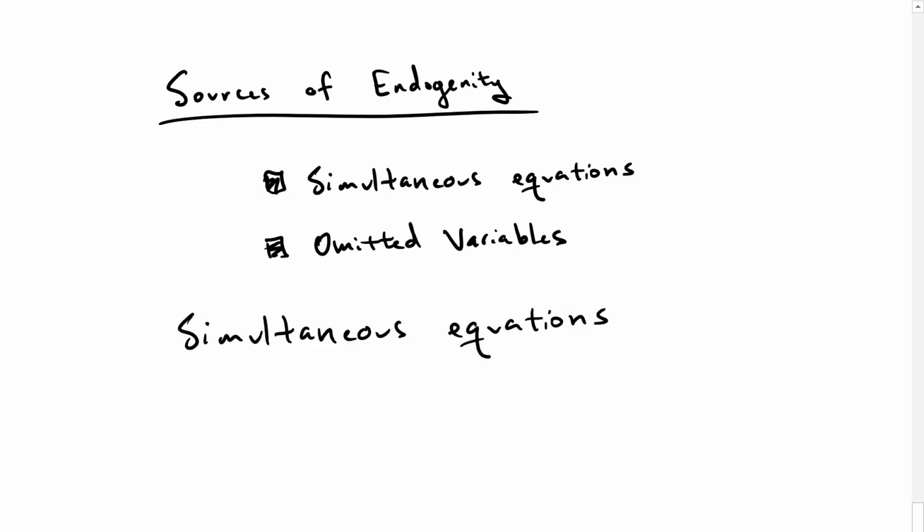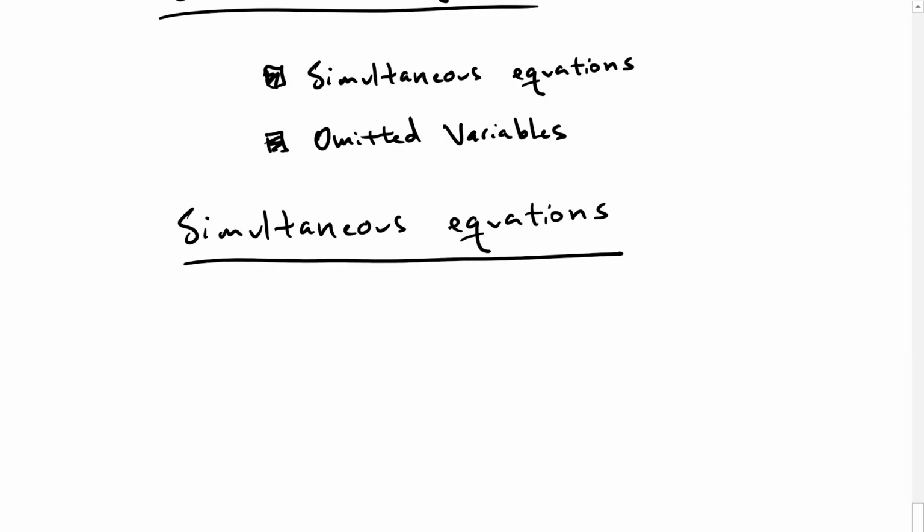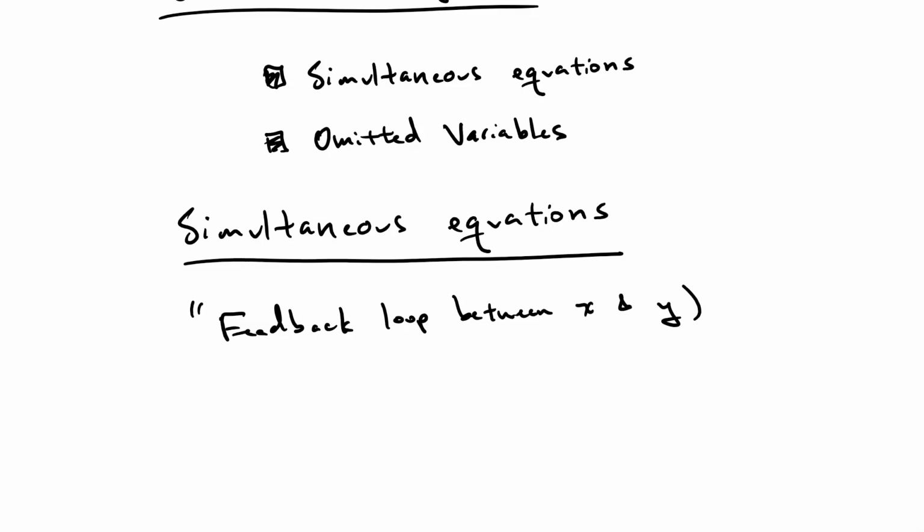Okay, so a simultaneous equation in econometrics is basically a feedback loop between x and y. And let me show you this by actually writing down a couple equations here.